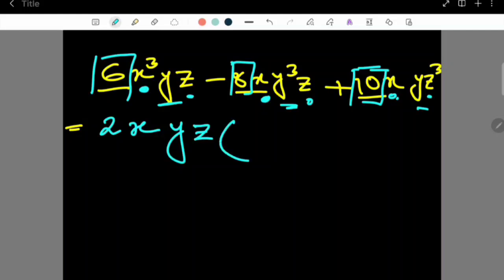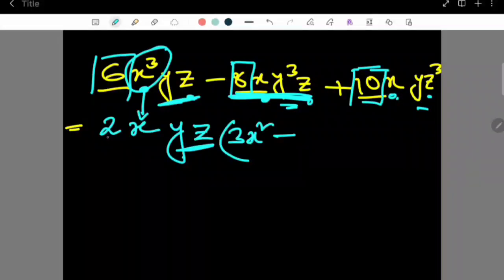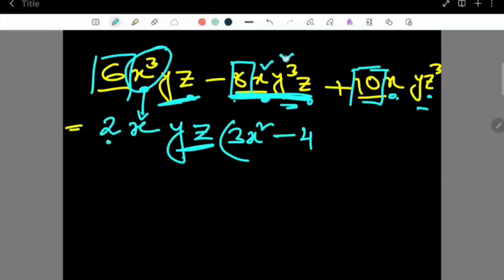So what are the things remaining? 2 3s are 6, so 3; x cube, x is common, so x square, y and z taken here. From the second term, what is left out? 2 4s are 8, so 4; x is gone, y cube is here, y taken, so y square is left, z already taken.